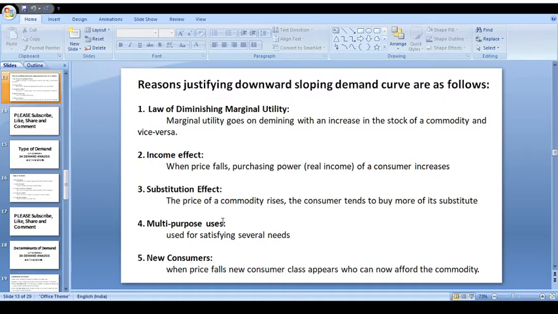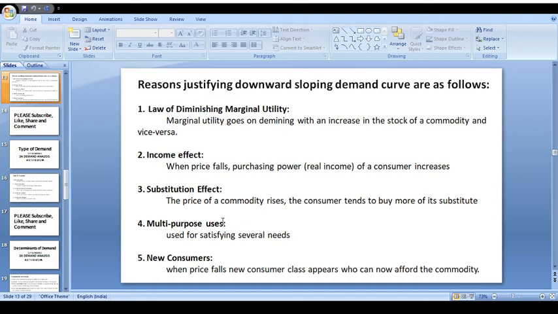And our next reason is multipurpose uses. When a commodity can be used for satisfying several needs, like electricity, its demand will rise with a fall in its price and fall with a rise in its price.